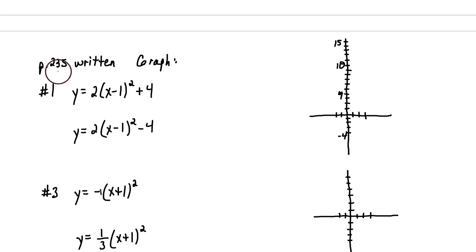For page 235, we're asked to graph these parabolas. These equations are in the format that we're studying in this section, the y equals a times x minus h squared plus k format. That helps us to get the vertex. We know that we graph parabolas by making an xy table, and that one of the rows of our table must include the vertex.